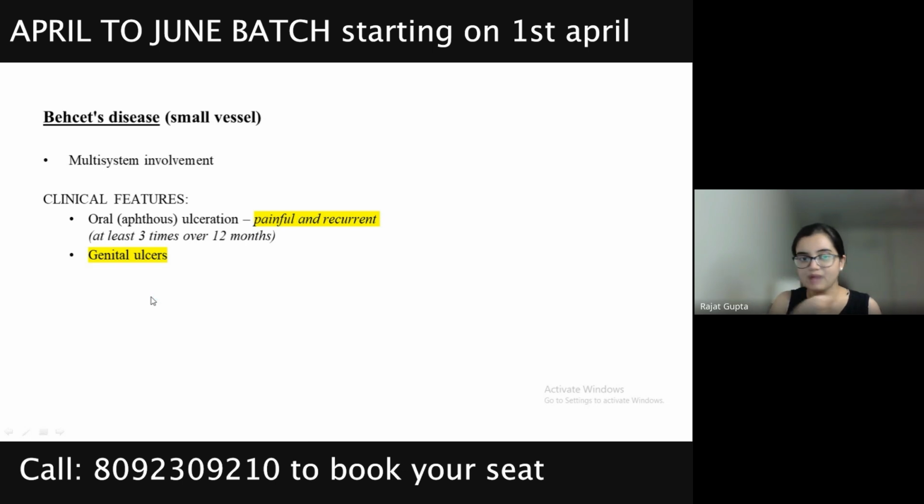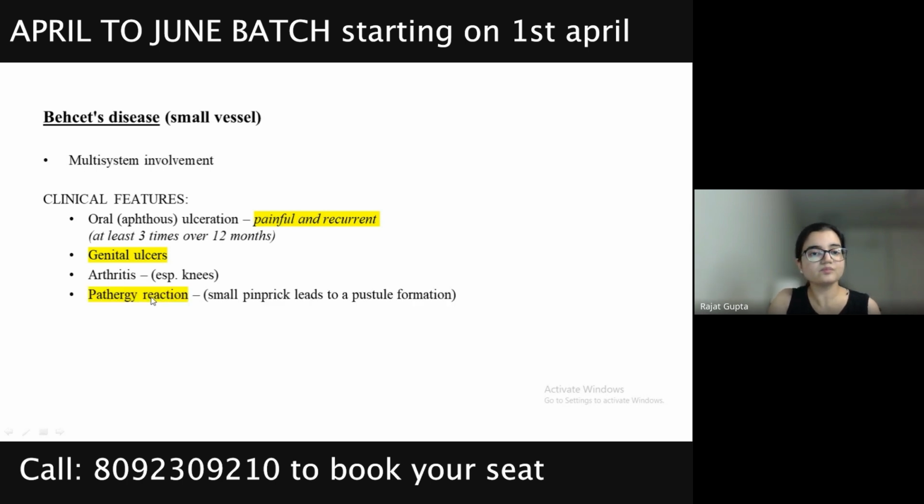We get mouth ulcers, which are painful and recurrent, and genital ulcers. We're going to see arthritis. Then pathergy reaction, which means that when you get a small prick, it leads to pustule formation. Then inflammation of the eye, so it can be iritis or uveitis, there can be pain, and there could be decrease in vision.